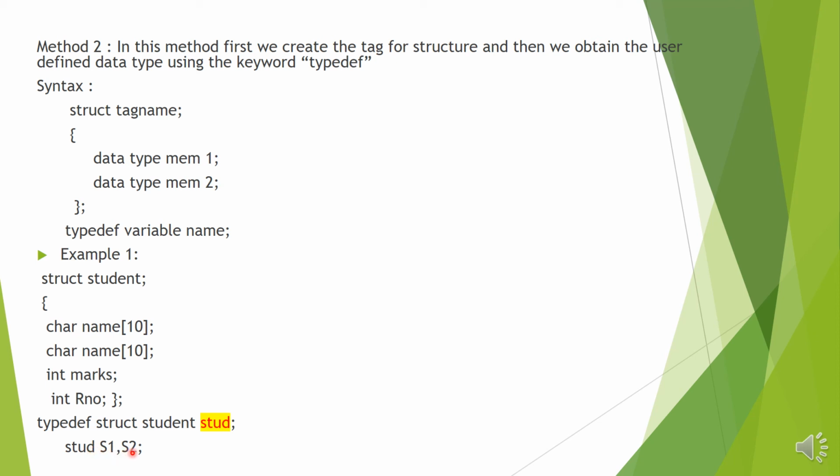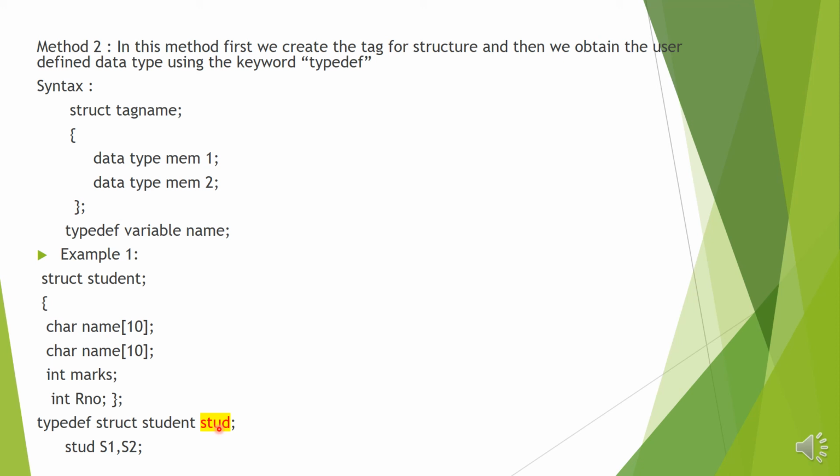Throughout your experimental lab setup for different linked list programs, we are using this category of structure declaration. That is, first you declare the structure, then use typedef struct student, then a short form name, that is stud.